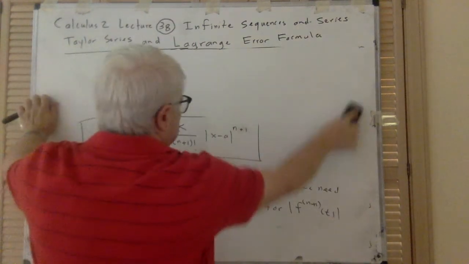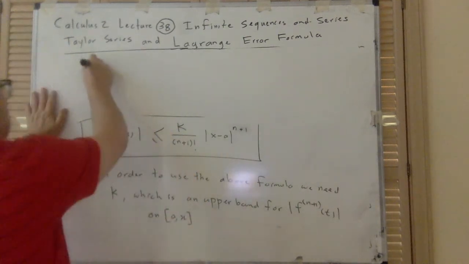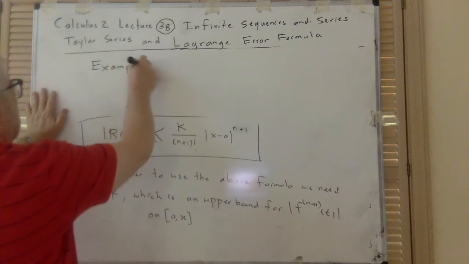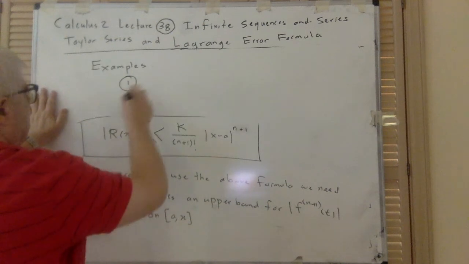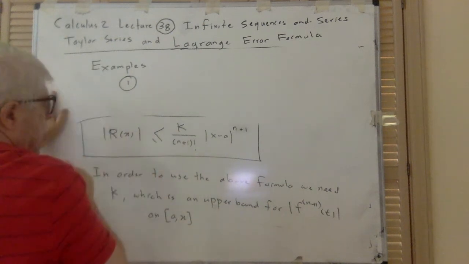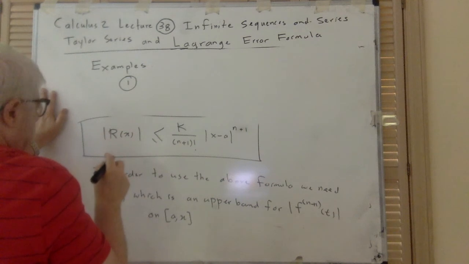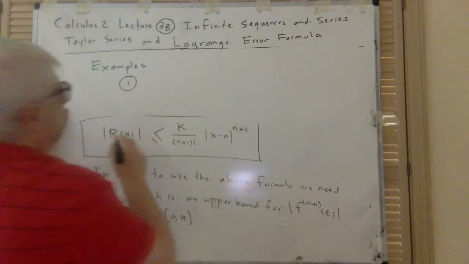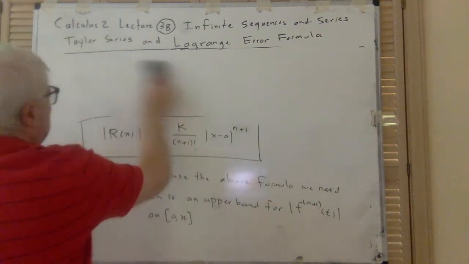Examples. Well, I should have put some index here. Maybe before I give an example, because then you might say, what is this n?